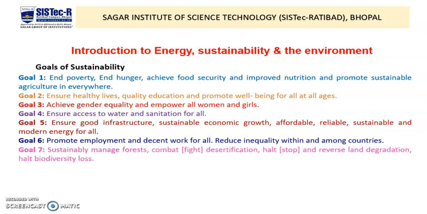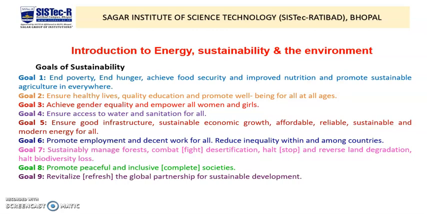Seventh goal is sustainable management of forests, fight against desertification, stop and reverse land degradation, stop biodiversity loss. Eighth goal is promotion of peaceful and inclusive societies. Ninth goal is revitalize the global partnership for sustainable development. Tenth goal is conserve and sustainably use the ocean, seas and marine resources.